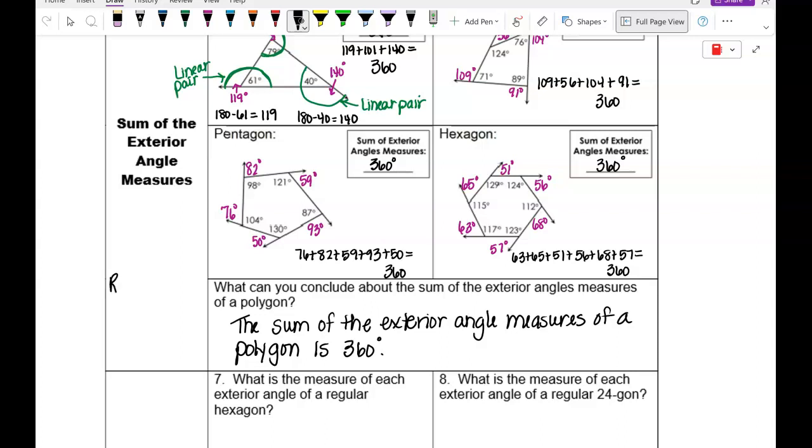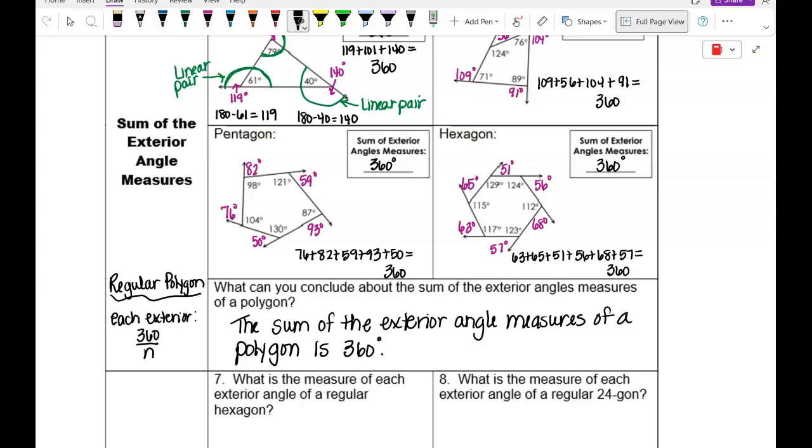So for a regular polygon, each exterior angle would be 360 divided by n, where n is the number of sides.